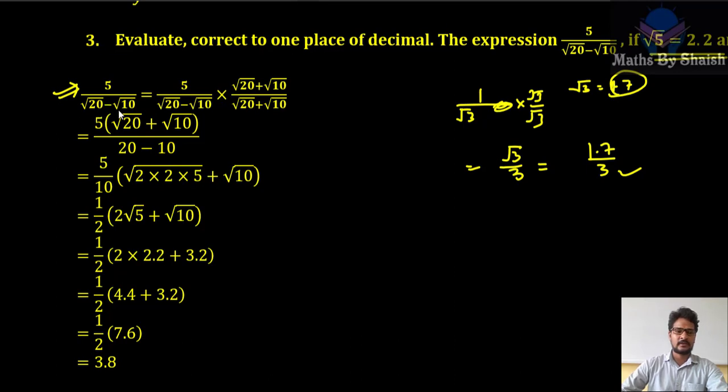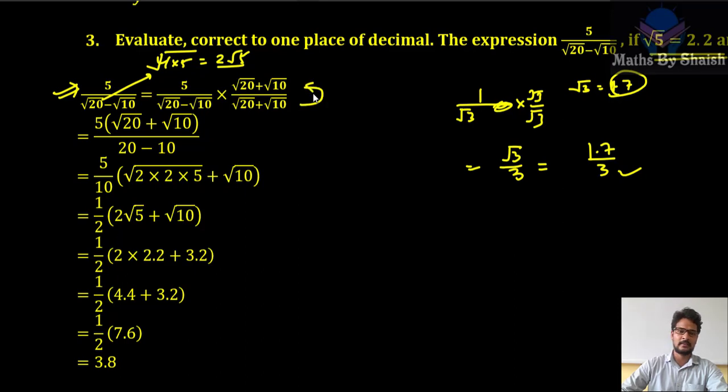So we will first of all factorize this, and we could have taken root 20 also as root 4 into 5, that is 2 root 5, but it's fine because it will not make any difference. Now in order to rationalize the denominator, first of all you find the rationalizing factor, that is root 20 plus root 10.